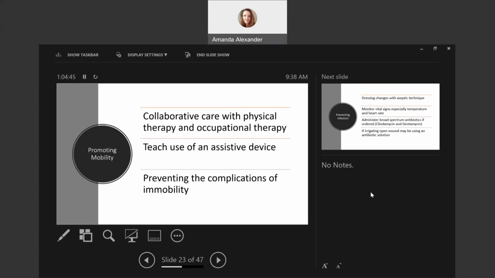You may have to use chest physiotherapy if they're immobile for long periods of time to prevent atelectasis. You're going to monitor for any inability to expectorate secretions. So if your patient starts to get weak from immobility and they're unable to cough up any kind of congestion that's in their chest, this is setting them up for risk of pneumonia. So you want to get it moving.